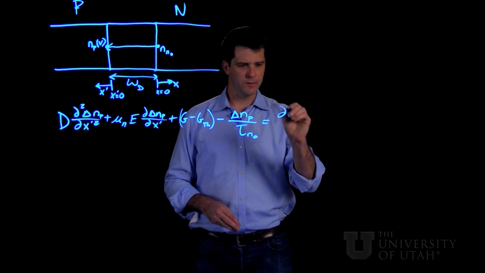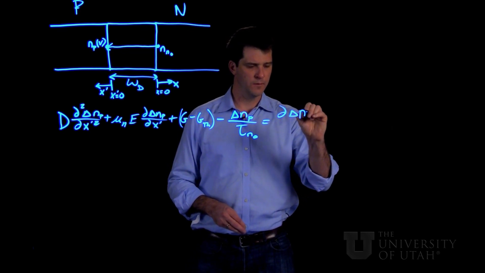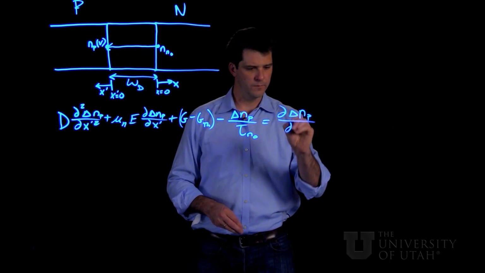And this is all equal to d delta n on the p-type side over d time.